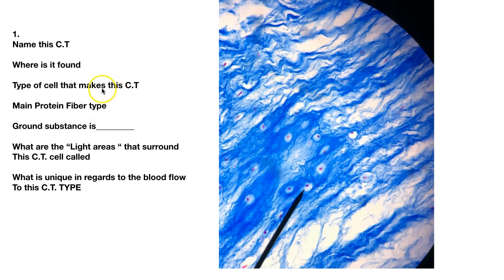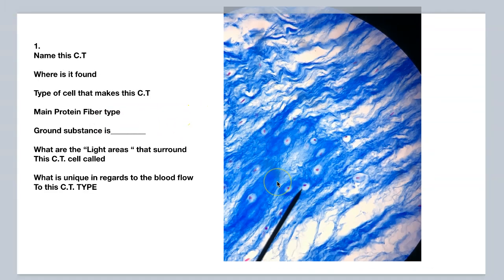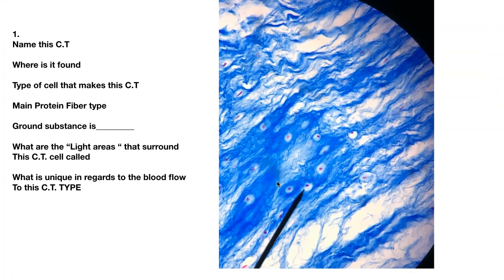Already said where it's found. See, type of cell. This is a chondrocyte. Chondro means cartilage. This is a chondrocyte. Main protein fiber. This is collagen. Ground substance is firm. It's not hard, it's firm.